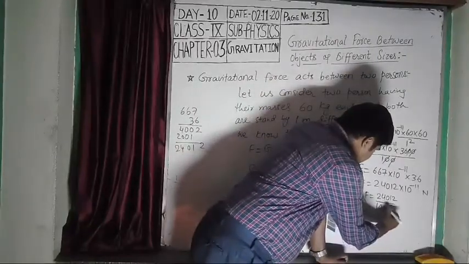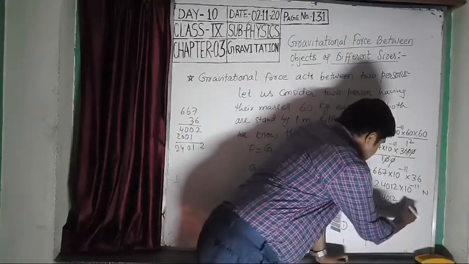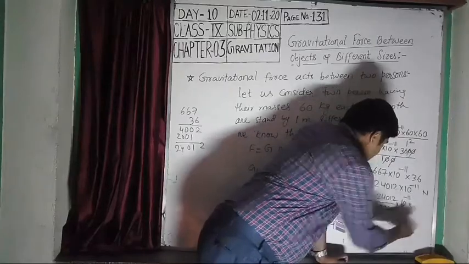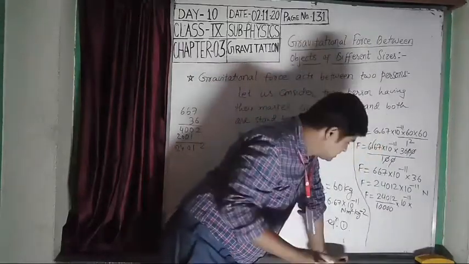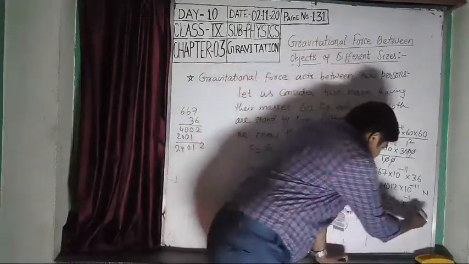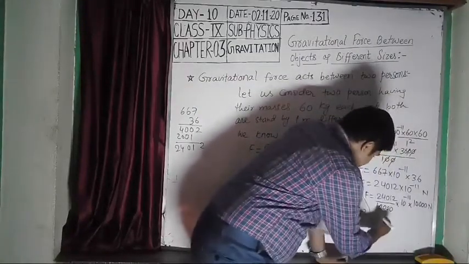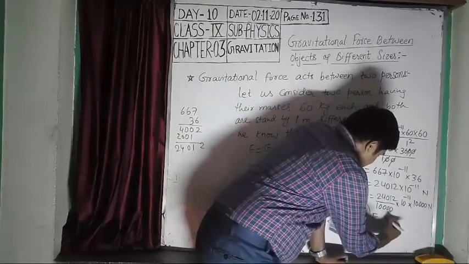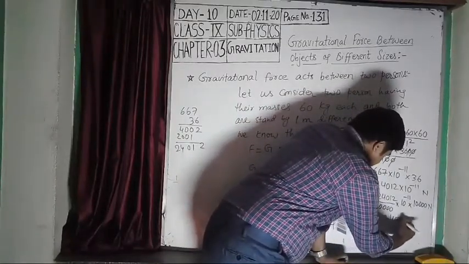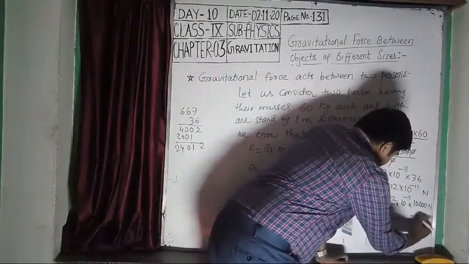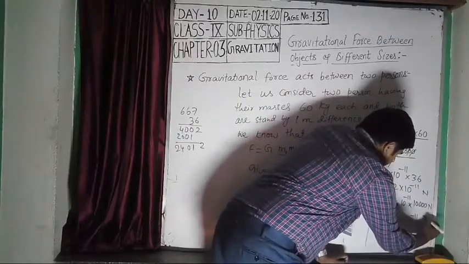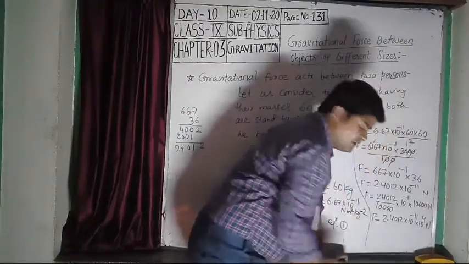These 4 zeros you have chosen yourself, so you will balance them with 4 zeros on the upside. Now it becomes F is equal to 2.4012 into 10 to the power minus 11 into 10 to the power 4 Newton.